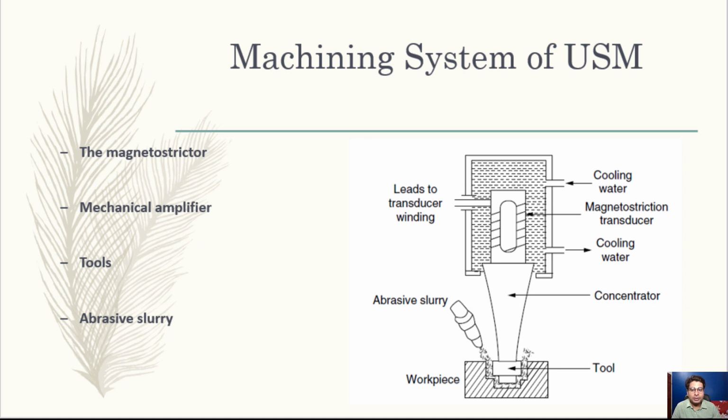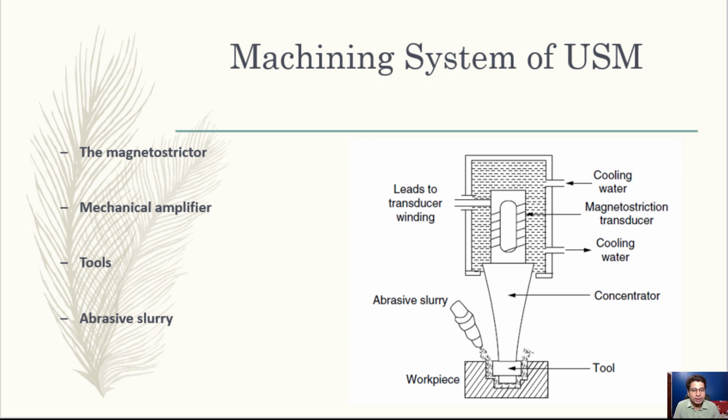The tool tips must have high wear resistance, as the abrasive material which comes in between the tool and the workpiece may erode away the tool material. For machining glass and tungsten carbide, copper and chromium silver steel are used.